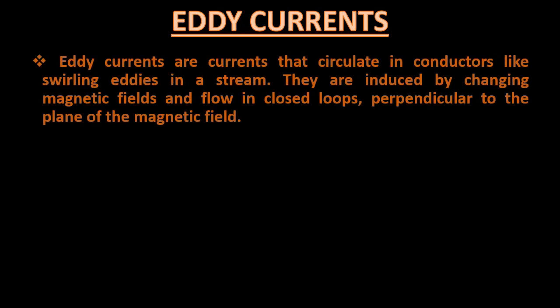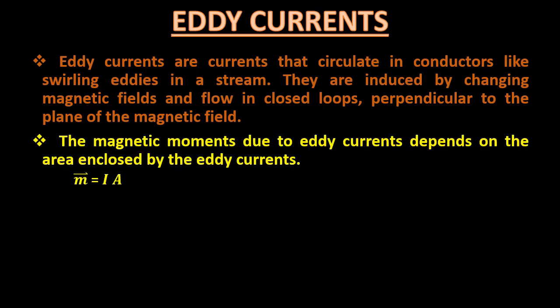Whatever we have discussed about eddy currents, let us sum up as follows. Eddy currents are currents that circulate in conductors like swirling eddies in a stream. They are induced by changing magnetic fields and flow in a closed loop perpendicular to the plane of the magnetic field. The magnetic moment due to the eddy currents depends on the area enclosed by the eddy currents, and magnetic moment is given by current times area.